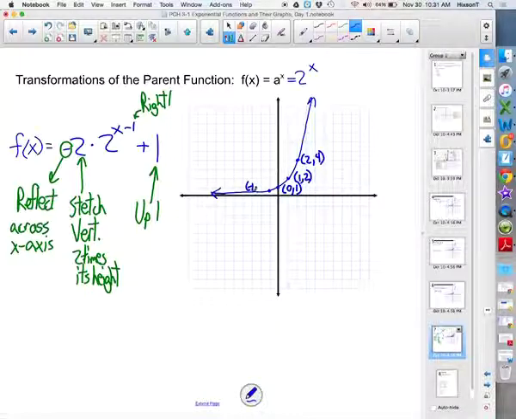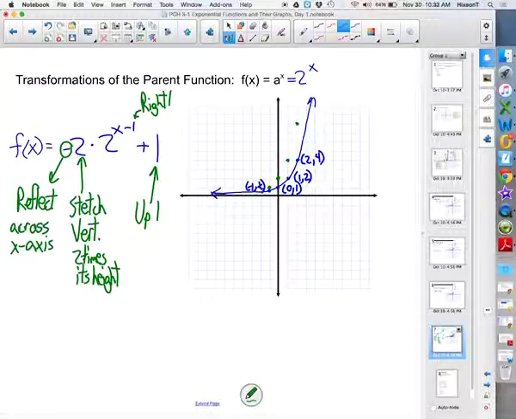Yeah, negative 1, 1/2. Okay? So, if I'm going to stretch it to double its height, all the y coordinates are going to be doubled. So instead of 2, 4, we're at 2, 8. And instead of 1, 2, we're at 1, 4. And instead of 0, 1, we're now at 0, 2. And instead of negative 1, 1/2, we're at negative 1, 1.